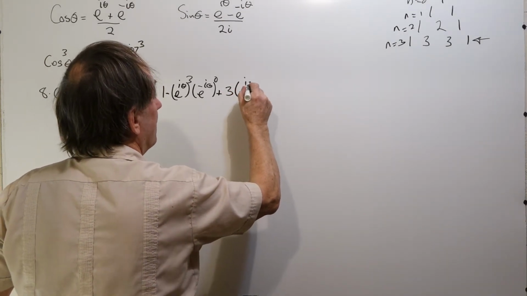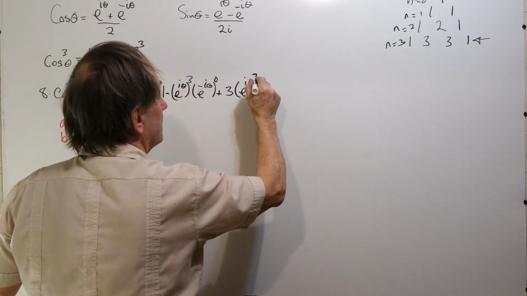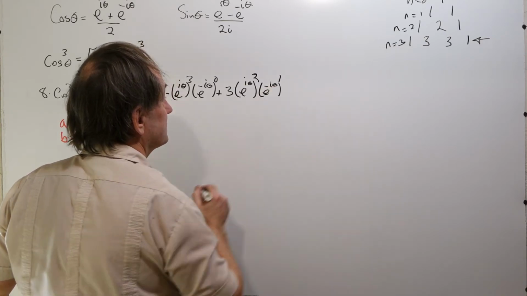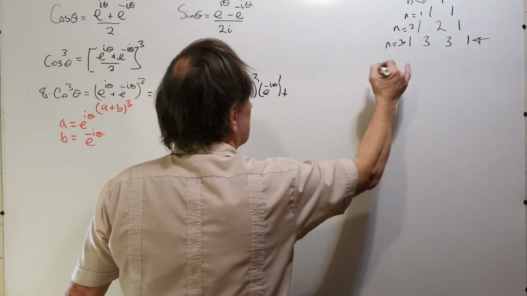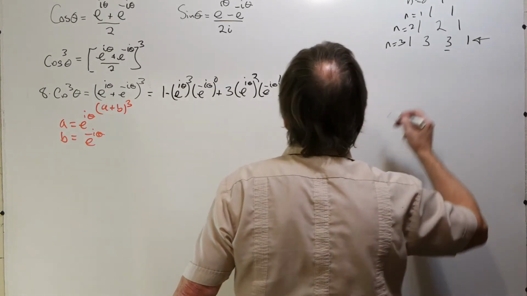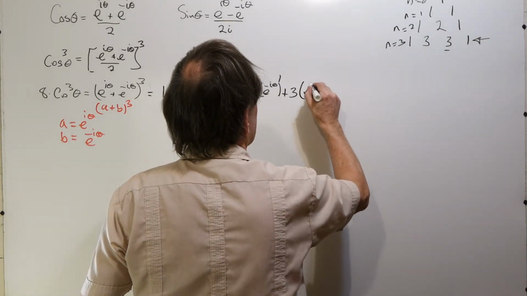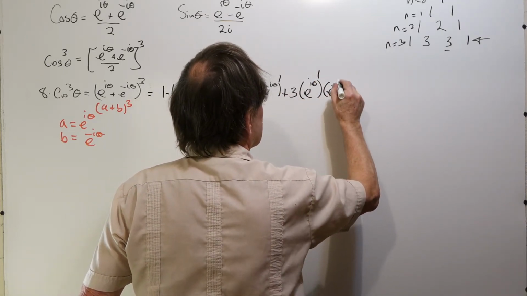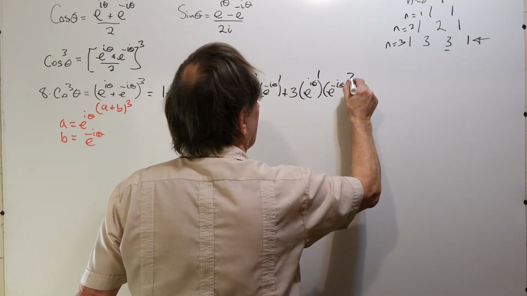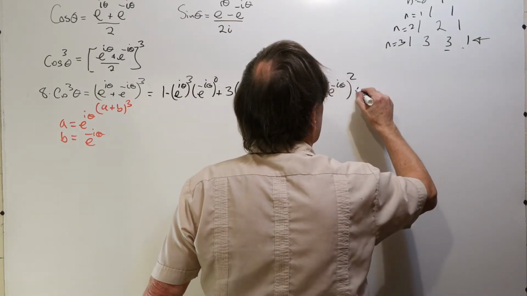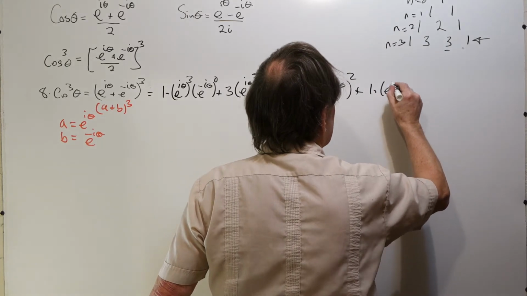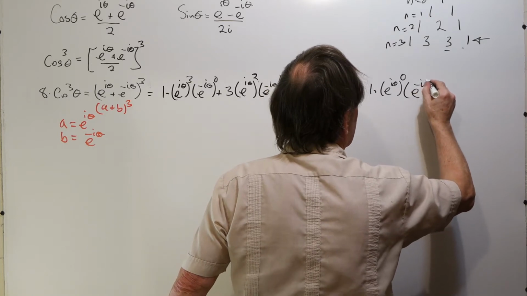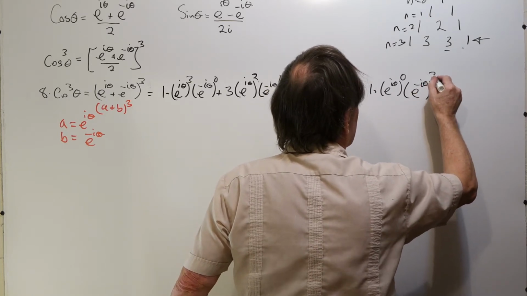We decrement the power on e to the i theta and increment the power on e to the minus i theta. That becomes 1. The next term has a coefficient of 3. We decrement the power, and we increment the power. And then the last term is 1 times e to the i theta. We decrement to 0 and increment the minus i theta power to 3.